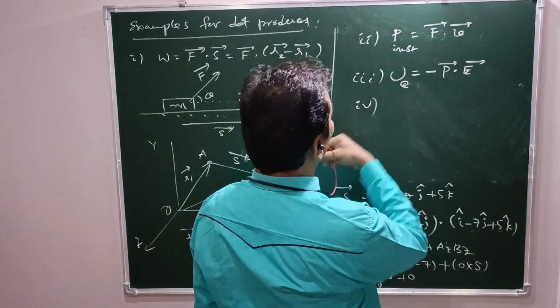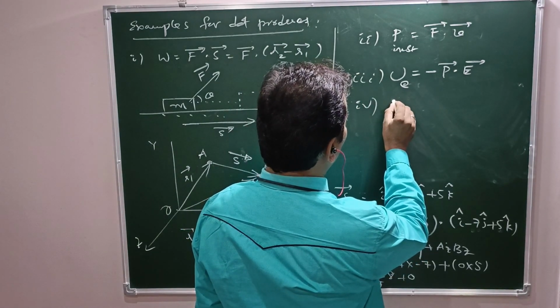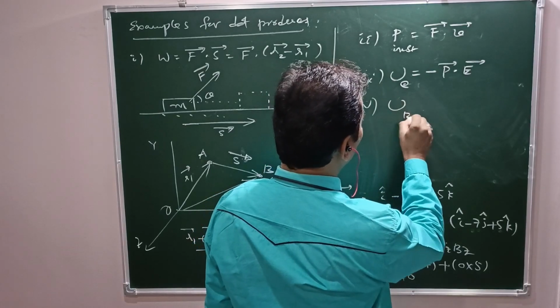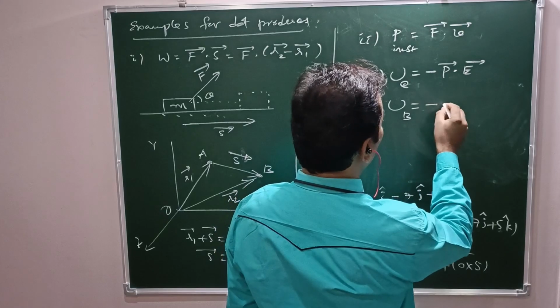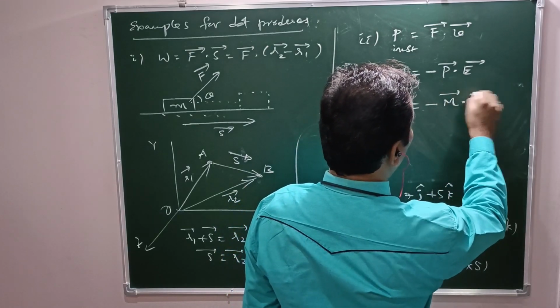Similarly, number 4, that is magnetic potential energy of magnetic dipole, that is UB equal to minus m bar dot b bar.